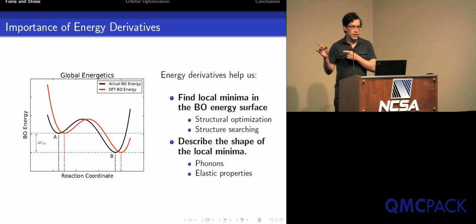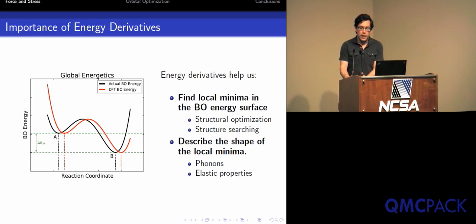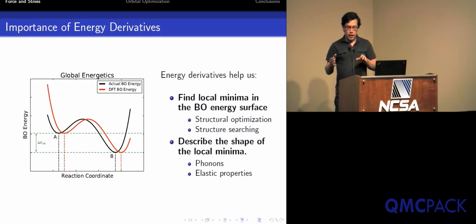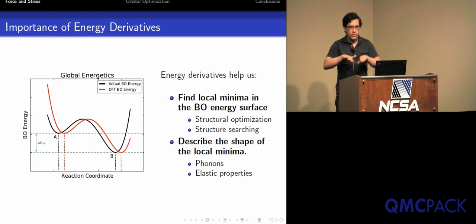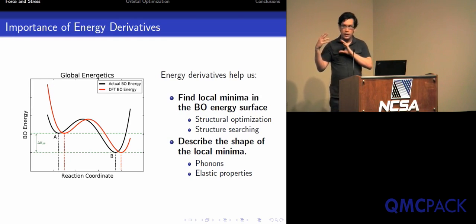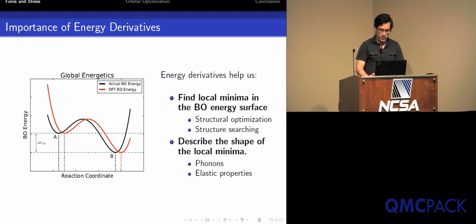Minima are important because not only do you need this for a starting point in structure optimization or structure searching, but much of the elastic properties of materials are determined by basically understanding the perturbations of your potential energy surface around your local minima. So understanding the second derivatives within the quasi-harmonic approximation, you can actually get full-blown phonon spectra. So that's useful, that's nice.